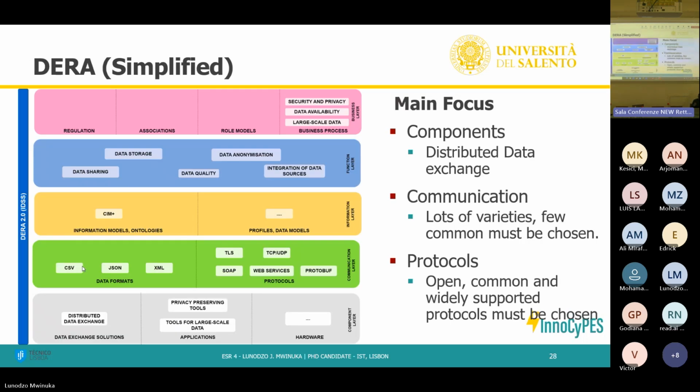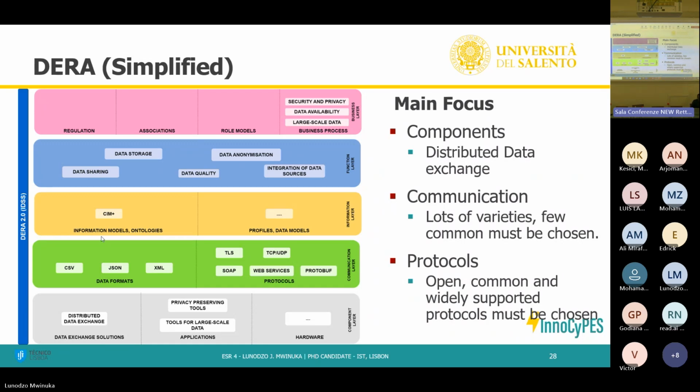Now, our simplified version, by looking at each layer: at the component layer, we are looking at distributed data exchange by having these distributed solutions, but also solutions that consider privacy in the process, because in the energy systems, somewhere, somehow, we are collecting data that has personal identifying information. And in terms of application in the component layer, we are also looking at the tools that support large-scale data storage.